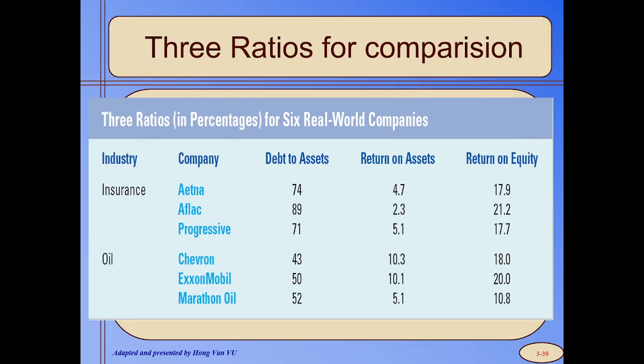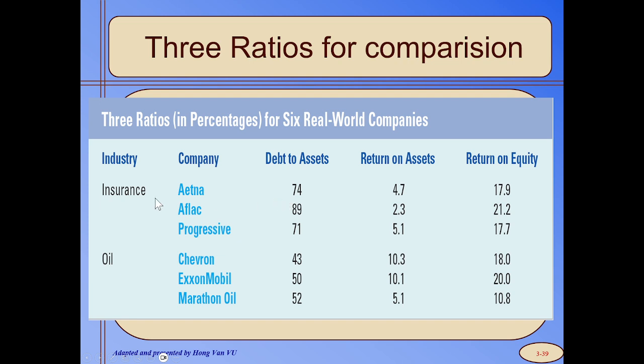So this exhibit shows the debt to assets, return on assets, and return on equity for 6 real world companies in 2 different industries. Let's take a few minutes and review this information. The data are drawn from the companies' 2010 annual reports.